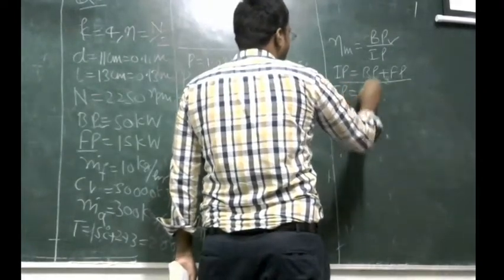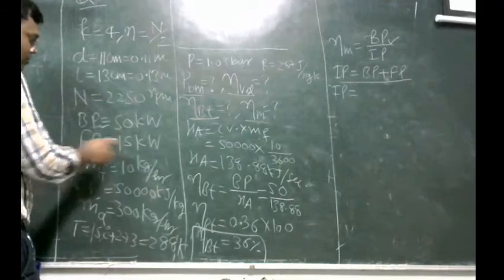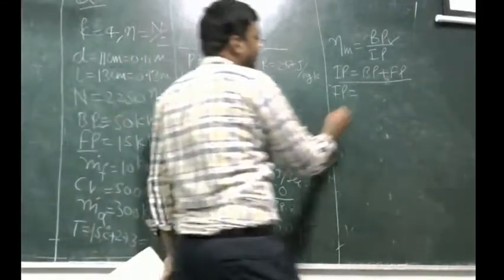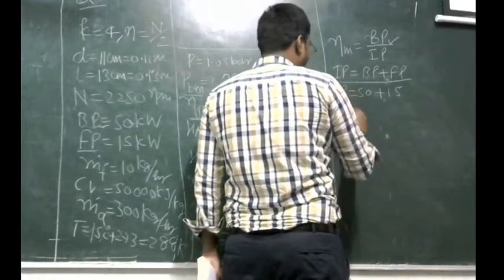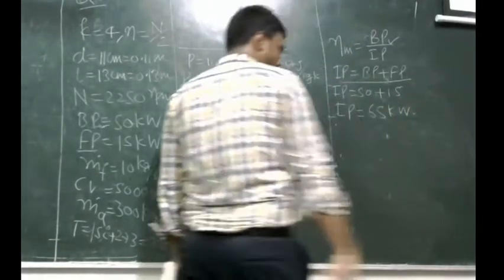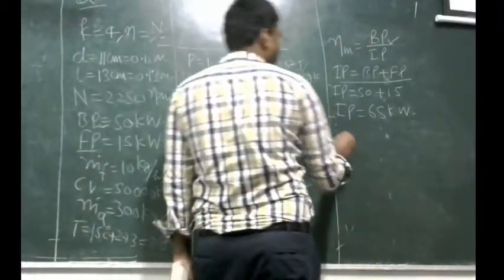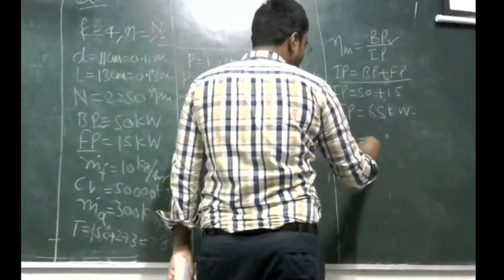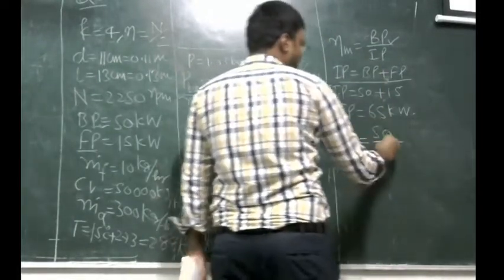So IP is equal to BP plus FP. BP is equal to 50 and FP is equal to 15. Add the values, 50 kilowatt plus 15 kilowatt. So we get the value of indicated power equal to 65 kilowatt. Now divide the brake power by indicated power. So eta mechanical is equal to brake power 50 divided by indicated power 65.